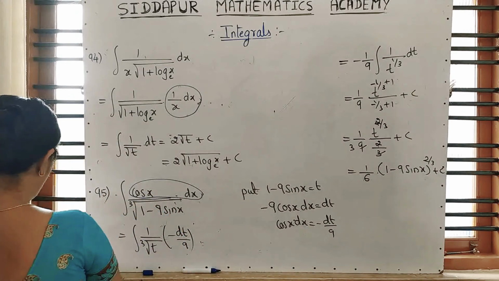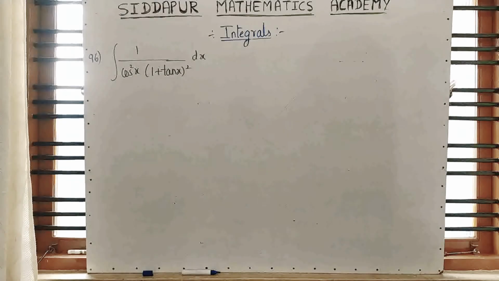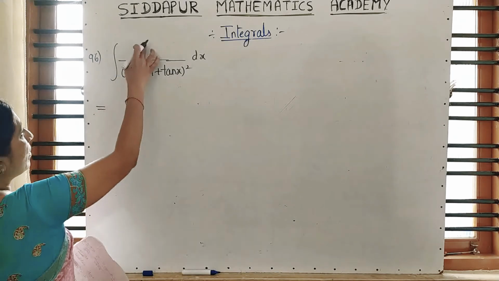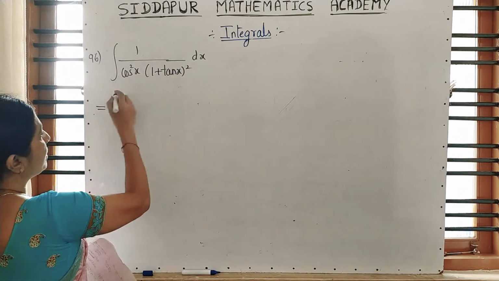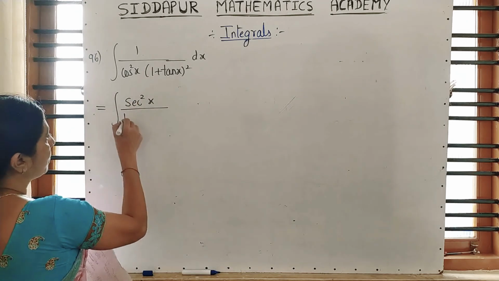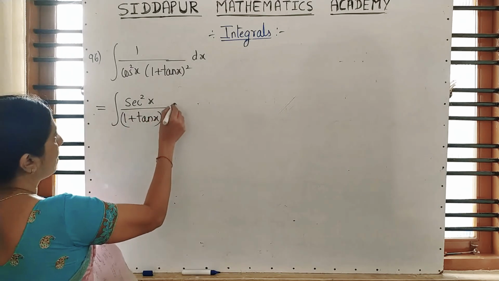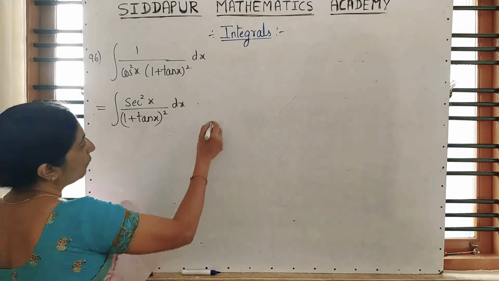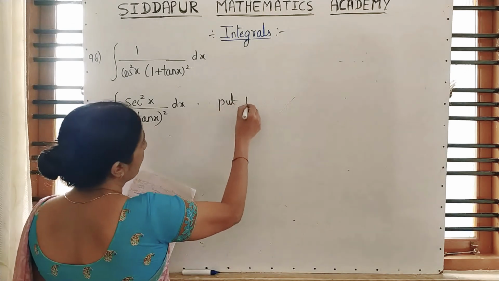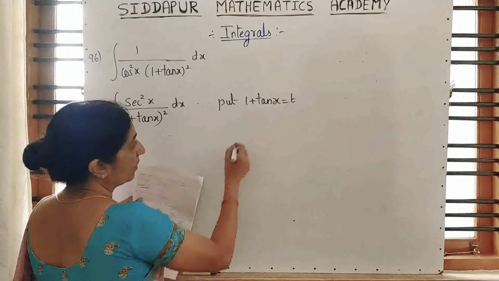Question number 96. 1 upon cos square x into 1 plus tan x whole square. Almost in 99% of cases for the denominator we are writing t, that too without power.